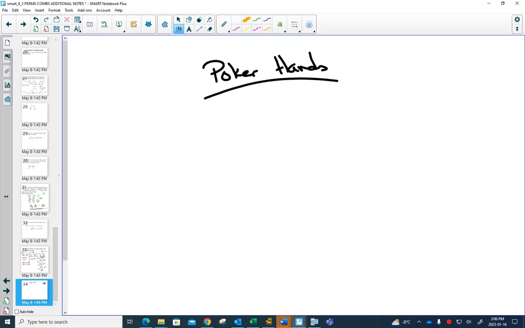And with that, do you have space on the very end of yours, or take out a different piece of paper. We will look at how to count some poker hands.